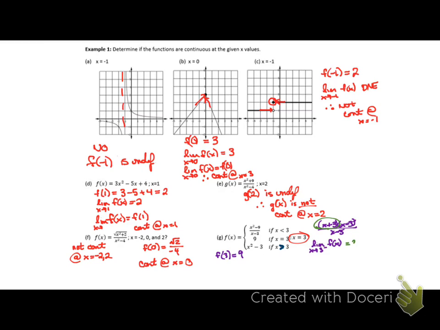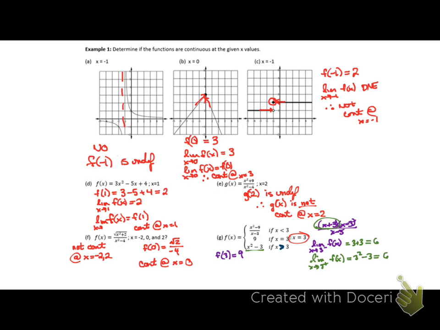So it'd be 3 plus 3, which is 6. Then I'll plug it into the right, so the limit as x approaches 3 from the right of f of x, which is the bottom equation down here, which is 3 squared minus 3. Well, 3 squared is 9, minus 3 is 6.